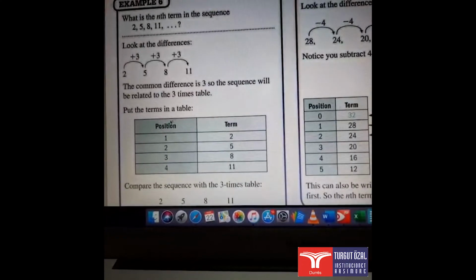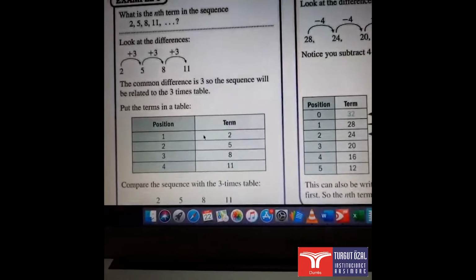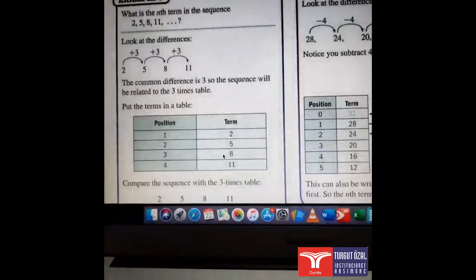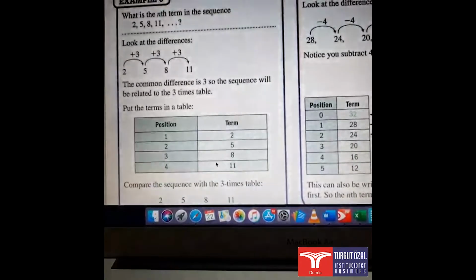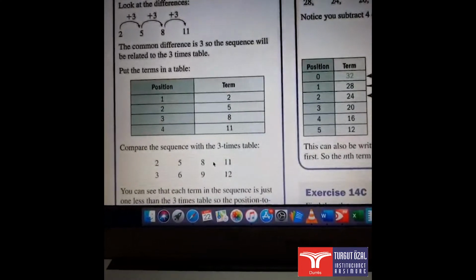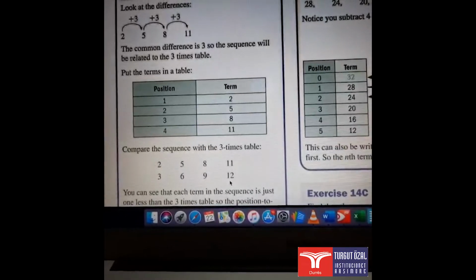Let's have a look at the position-term table. The first term is 2, the second one is 5, the third term is 8, the fourth term is 11. If we write the 3 times table, it means if we write the multiples of 3, we'll have 3, 6, 9, 12.